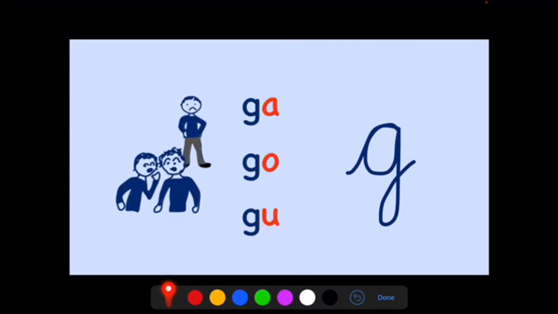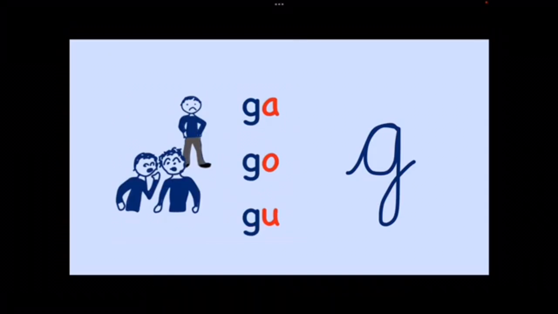Basically because his name was Angus, and he didn't like the fact that Angus preferred to be called Gus. And for him, it was a good thing to gossip about. So, G is said if the letter G is followed by A, O, and U.